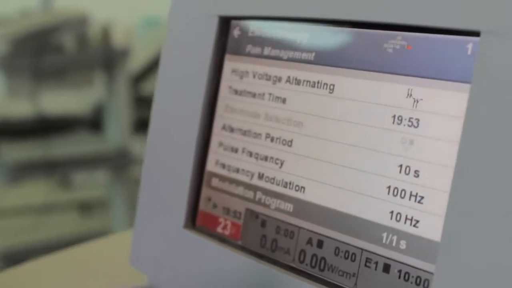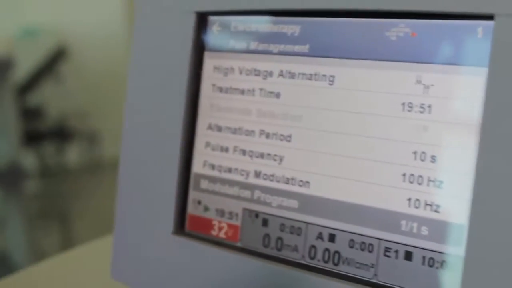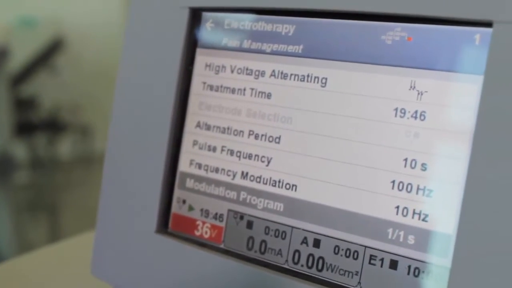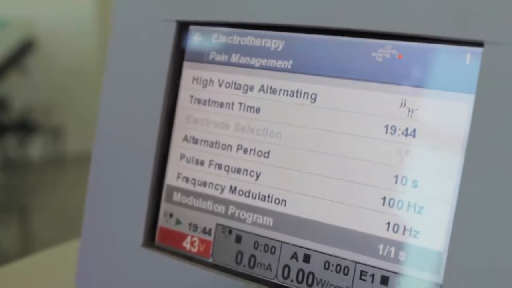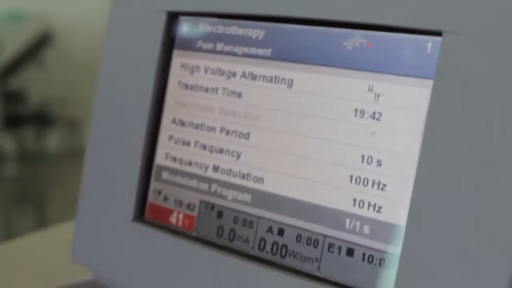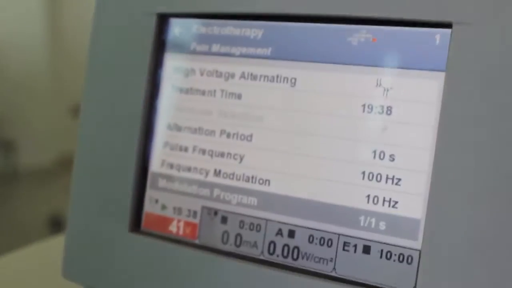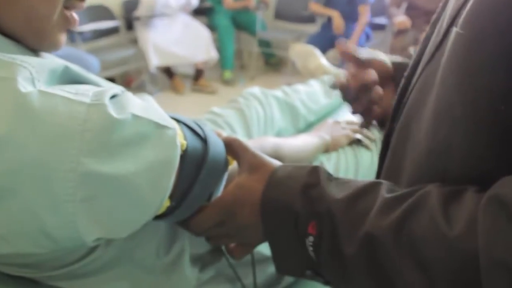Getting? Feel? You can feel the current?